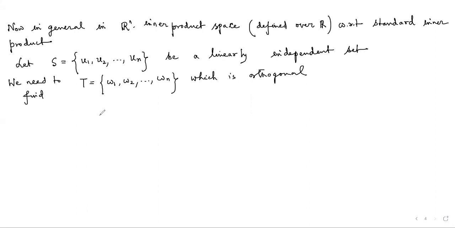So you see, the first vector W1 will be the same as U1. The second vector W2 will be given by U2 minus the orthogonal projection of U2 along W1, which is this.